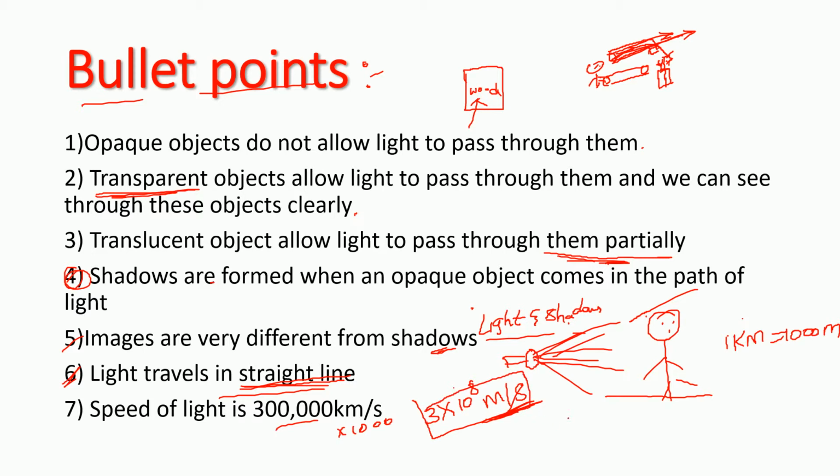We need to observe whether they are asking for meter per second or kilometer per second. If they ask meter per second, we write 3 into 10 to the power of 8, or else if they ask in kilometers, we write 3 into 10 to the power of 5 kilometer per second.